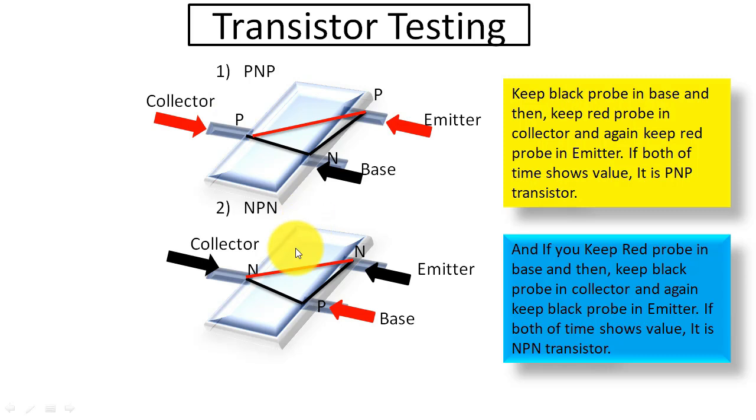But if, after keeping the red probe on the base and the black probe on the collector and emitter, both of them one after another, it shows a value, then it is an NPN transistor. So we can say the base actually determines whether it is a PNP or NPN transistor, and in that testing process, if the transistor keeps beeping, then the transistor is bad or short or faulty.